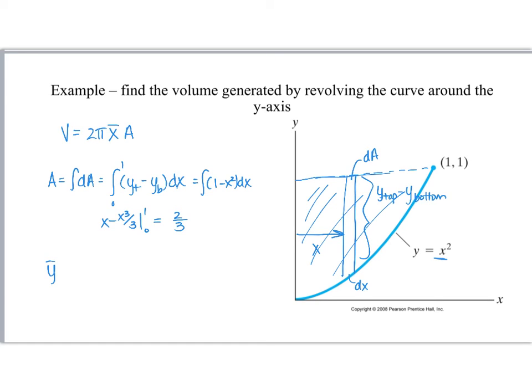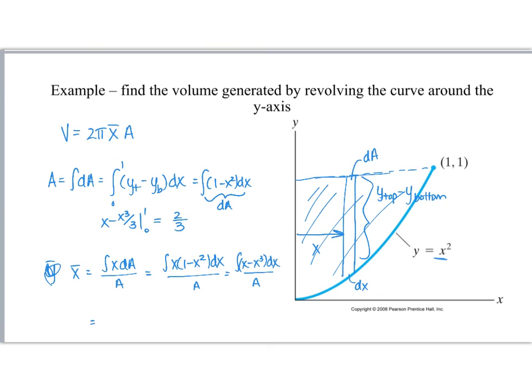Now, to find the x bar, we would do the integral of x dA over the area, which we already know what that is, so I'm not going to do that again. And so that would end up to be, remember that this is our dA, so we have x times 1 minus x squared dx over the area, which is the integral of x minus x cubed dx over the area.